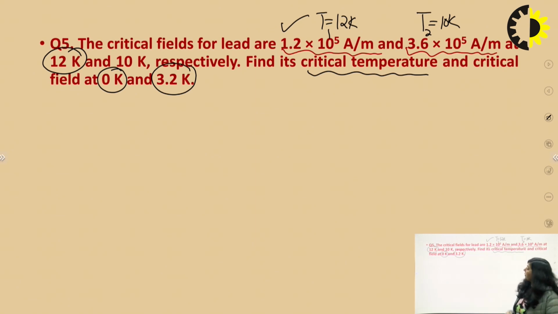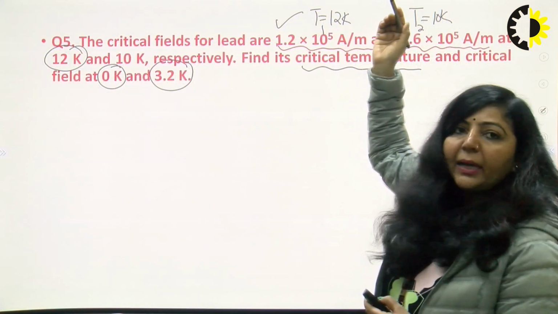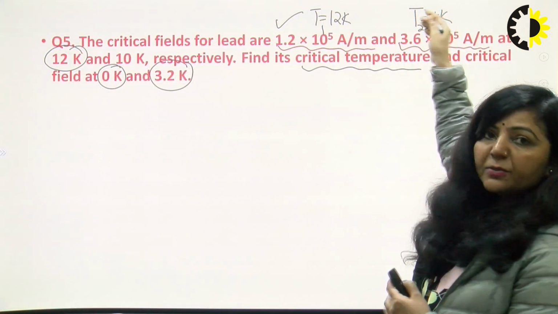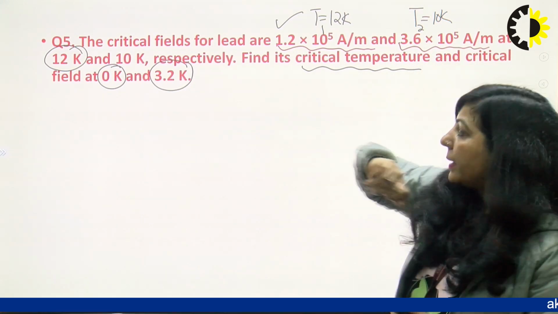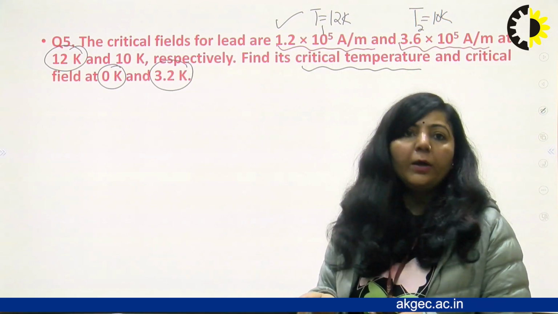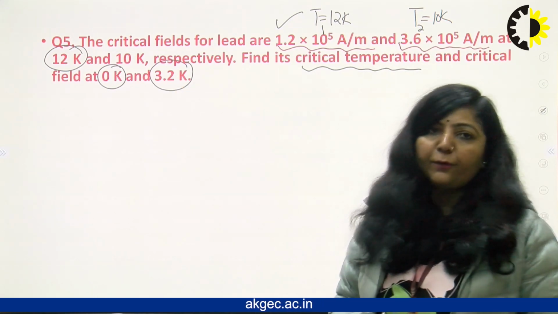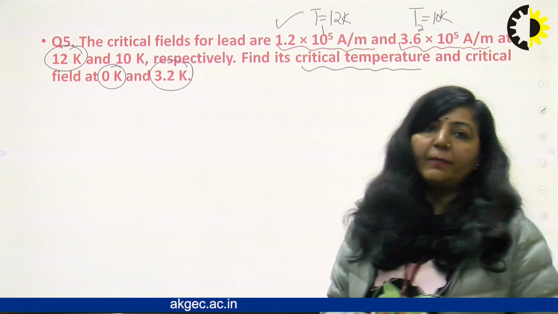The first one, we have to identify its transition temperature by using these two pieces of information: the critical field at 12 Kelvin, and the critical field at 10 Kelvin. Then we have to find the maximum critical magnetic field, which is at 0 Kelvin, as well as the critical magnetic field at 3.2 Kelvin.